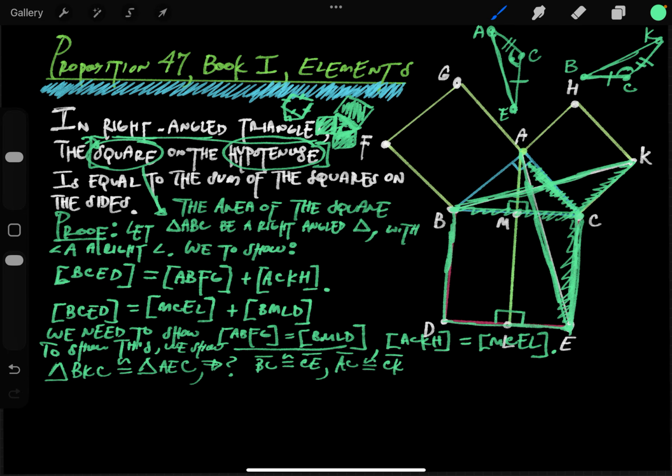So I have now that this angle here, whatever you want to call it, let's call it dot, we should see that this is 90 degrees plus dot, and that's this angle, BCK, right here. That's, again, 90 degrees plus dot. And then if we look at this angle, ACE, right here, it's also 90 degrees plus dot.